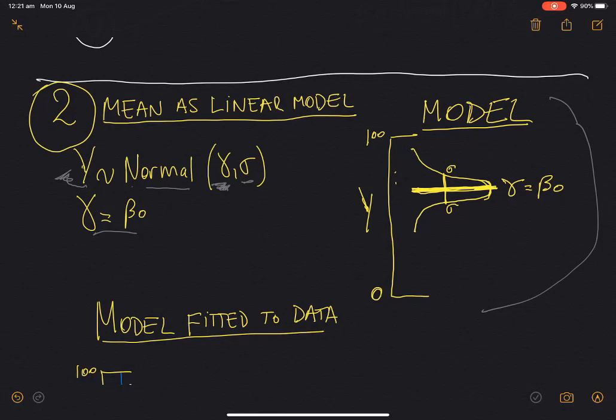We can see that in the y-axis we've got possible values between 0 and 100. So these are possible values that the random variable y can take, and the values it can take depend on a distribution. I would like to call this distribution of values a population of values.